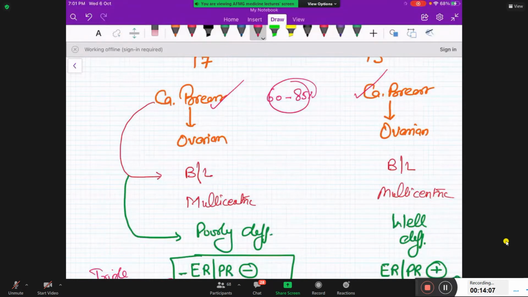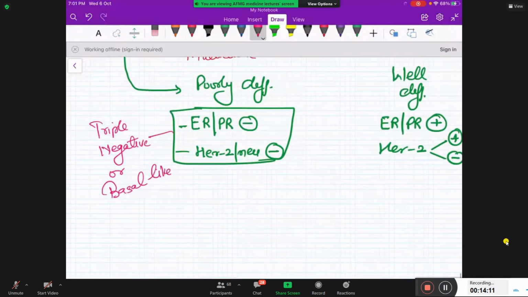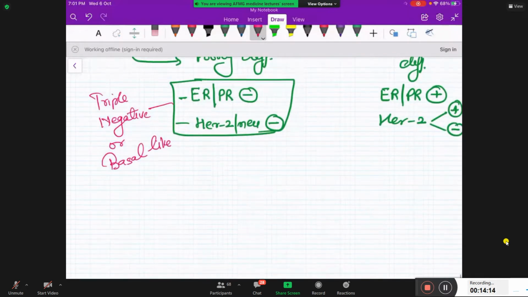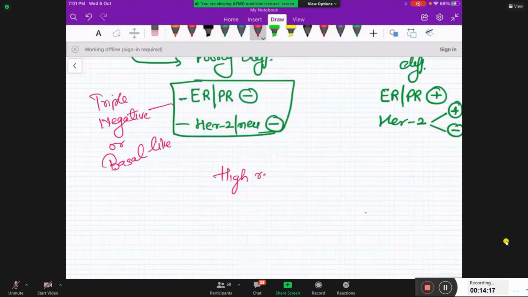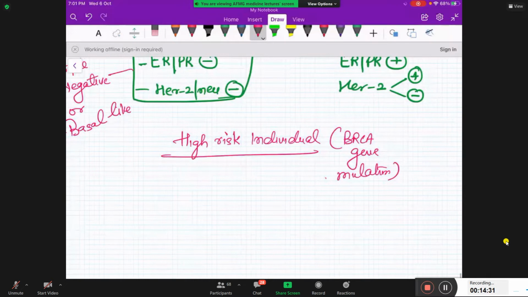An individual who has a BRCA gene mutation is called a high risk individual.